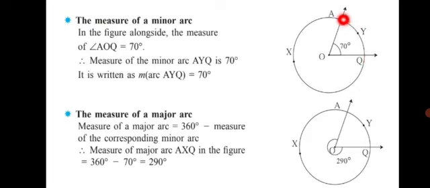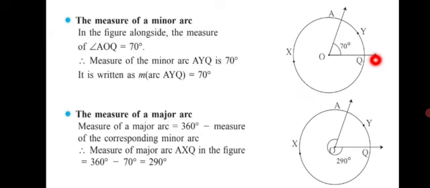Now, if I know the measure of the minor arc, can I find the measure of the major arc? Yes, we know that a complete angle is 360 degree. So from 360, if I minus the measurement of minor arc AYQ, I will get the measurement of major arc AXQ.